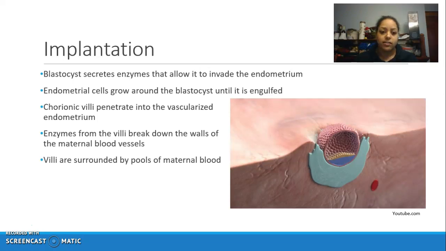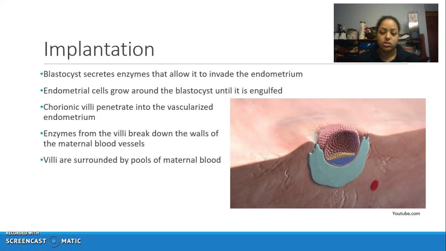The chorionic villi, which are formed from these cells that will eventually become the placenta, will then penetrate into the vascularization of the endometrium. They will secrete enzymes that will break down the walls of the maternal blood vessels, which will result in the villi being surrounded by pools of maternal blood.